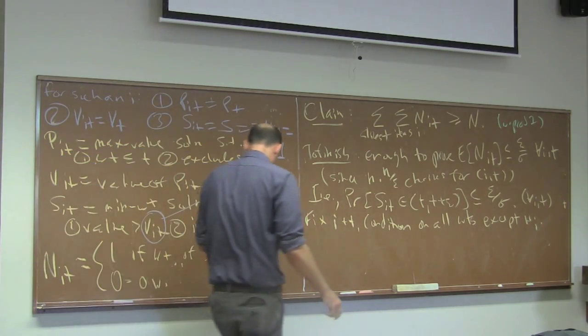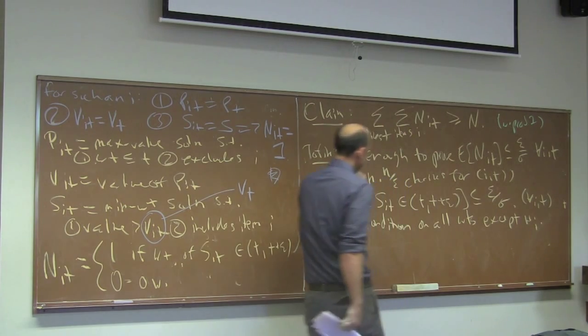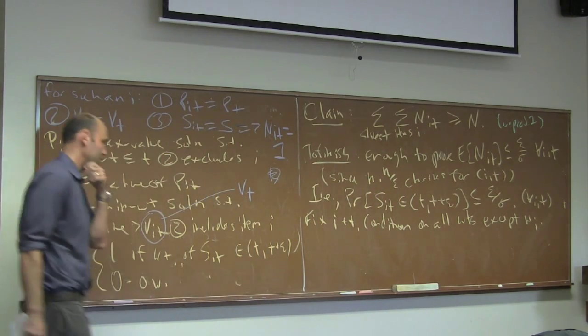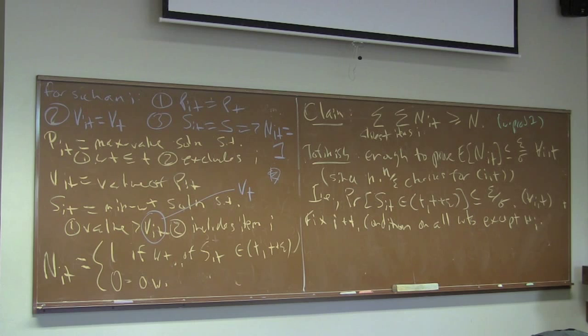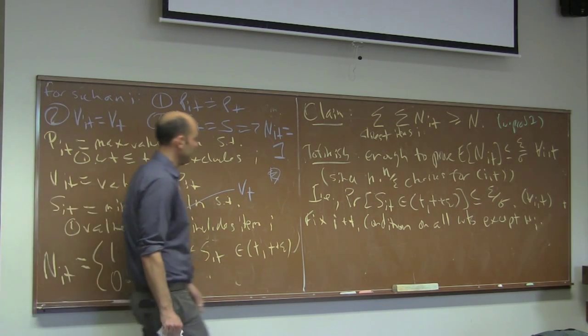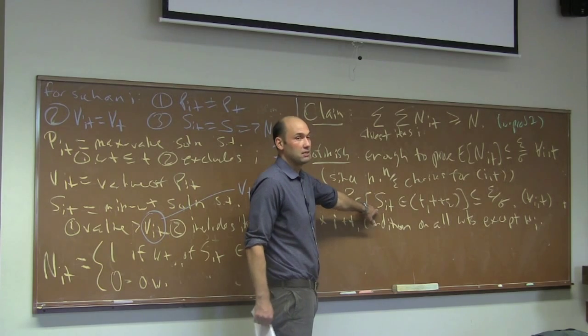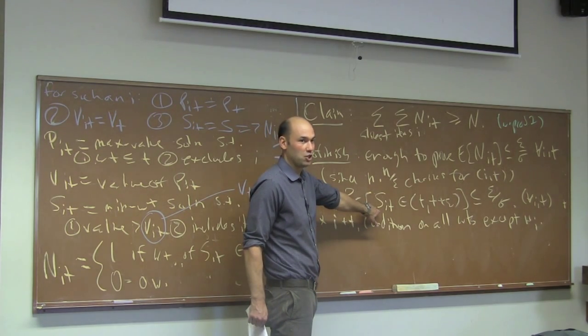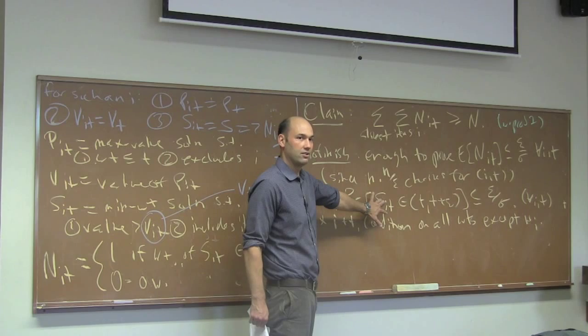Okay? Now, here's where things get really nice. Okay, here's where sort of the genius of this proof really starts shining through. The only thing that remains random is the weight of WI. All right? So I claim that actually then, even though it seems like SIT is a crazy complicated definition, actually this event's super easy to understand, okay?